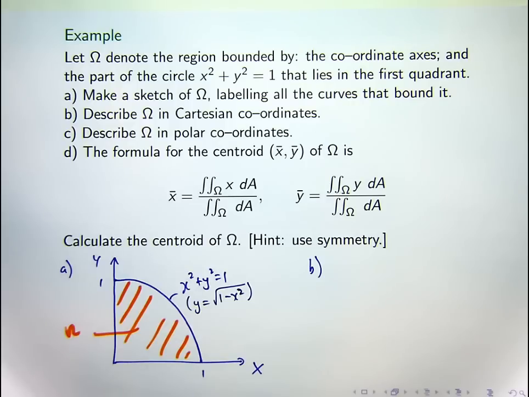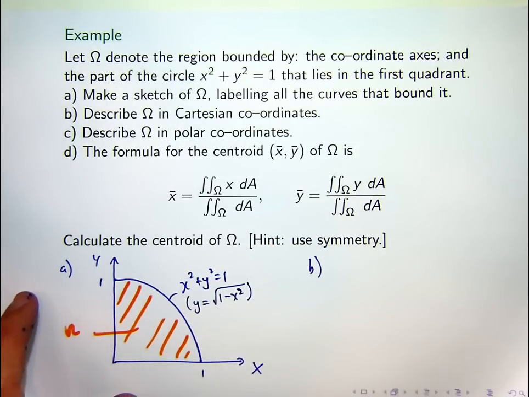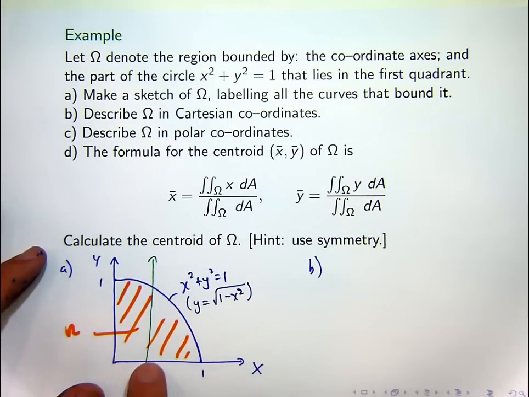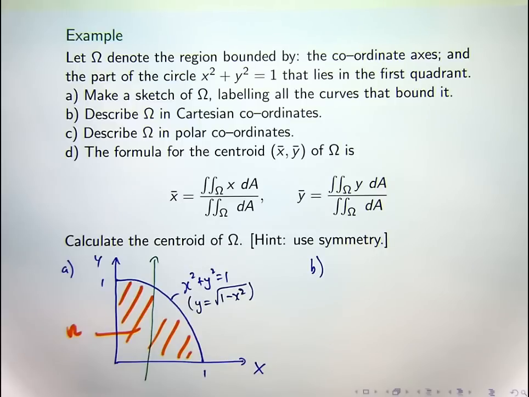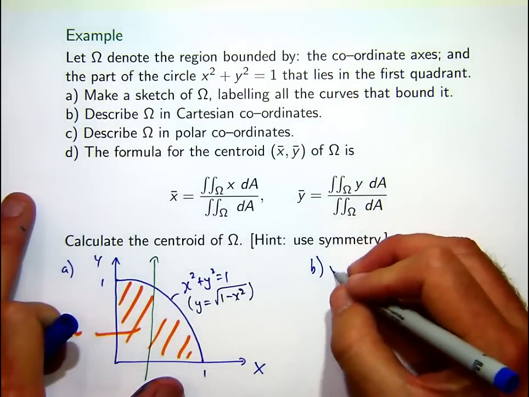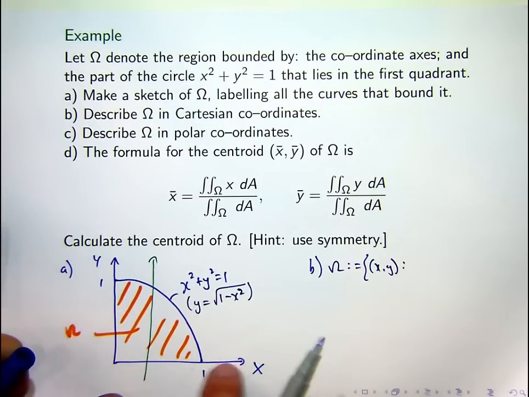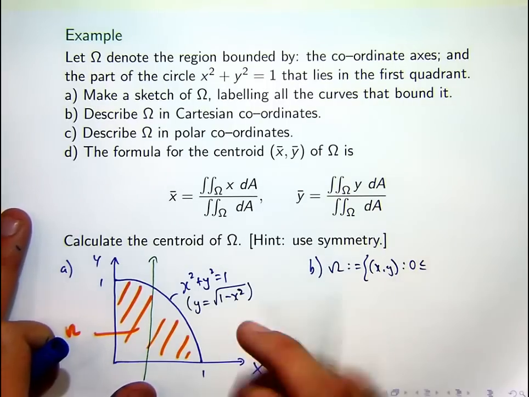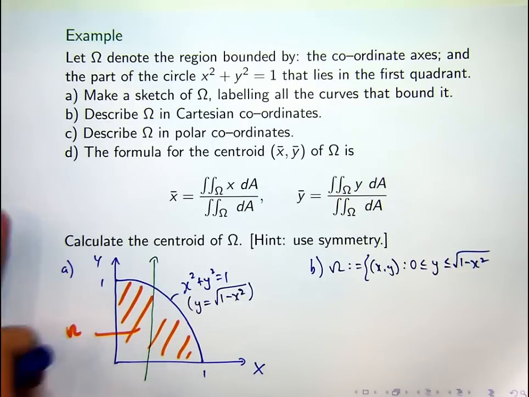If I go back to my picture, you can see that this vertical line enters the region at y equals 0 and it leaves the region at y equals the square root of 1 minus x squared. So they are the two bounding functions for y.